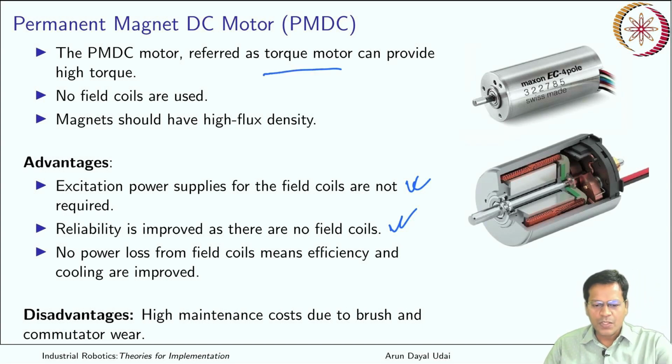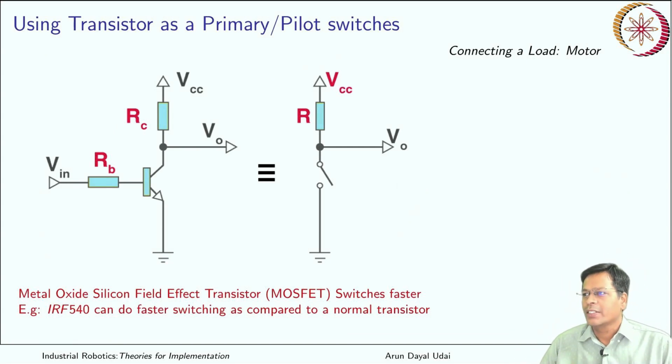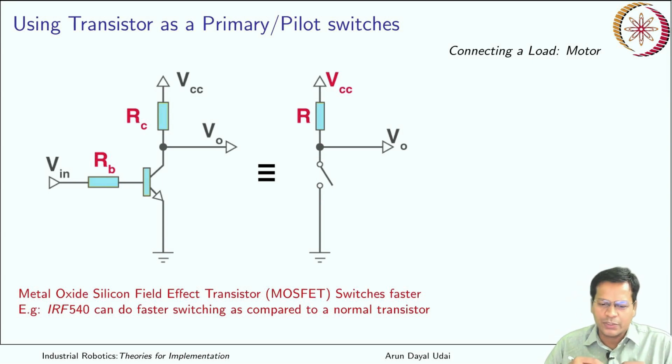Now, how to drive this motor? Let us first introduce you to a transistor switch. Hopefully you know this from your basic electronics course, if you had any, right? This is a typical transistor which is biased in a way using these two resistances, and it is connected.